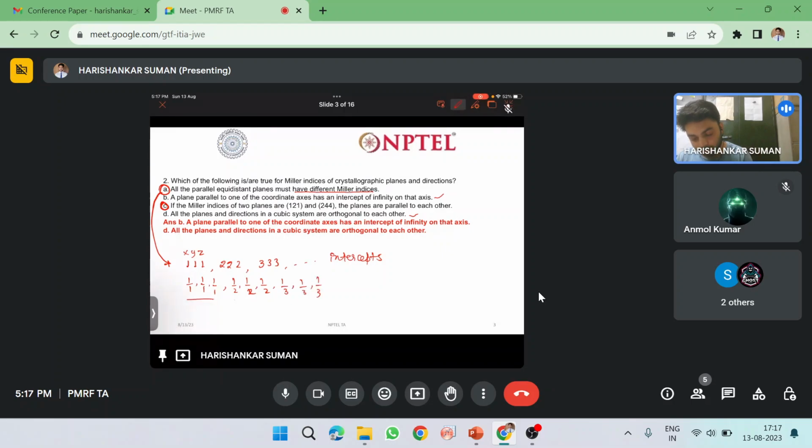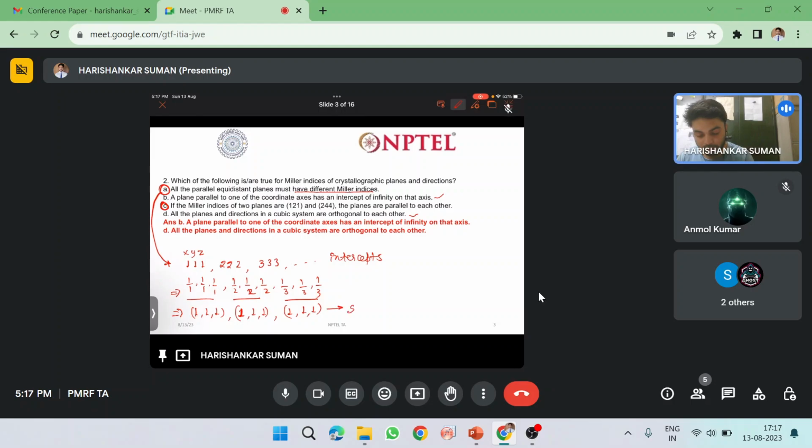This is another case. Convert into integers, 1, 1, 1. Multiply by 2, then 1, 1, 1 and 1, 1, 1.